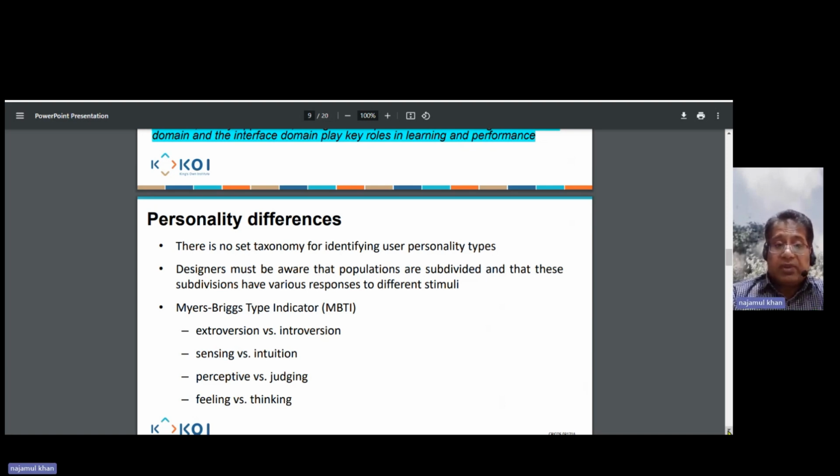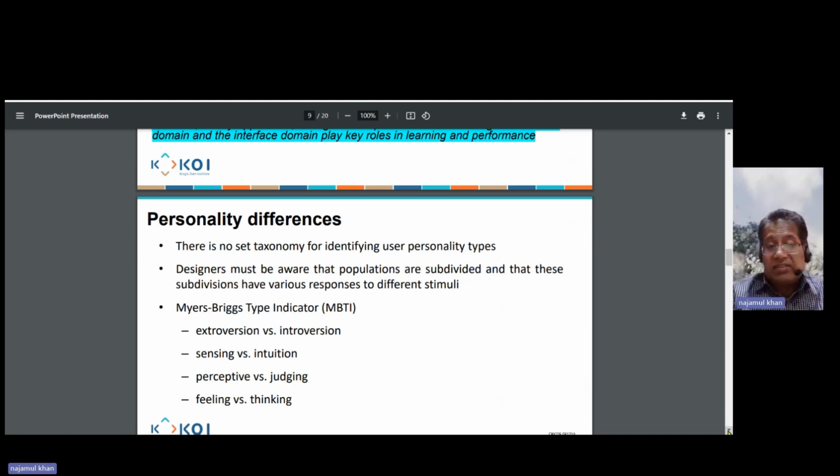Say for example, the Myers-Briggs Type Indicator, which we also use. A type of personality is extrovert, a type is introvert. Some people like to be part of a team. Some people say, I just like to work on my own. Some people will not perform if they are working with a team, but they will perform when they are working on their own. So this concept of extroversion and introversion plays a big role.